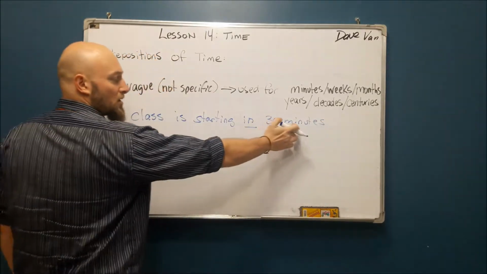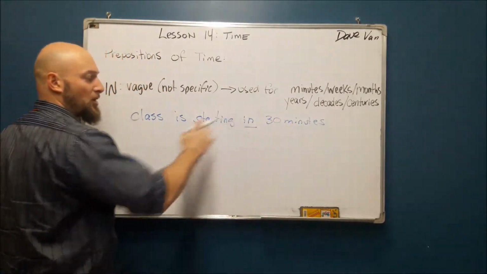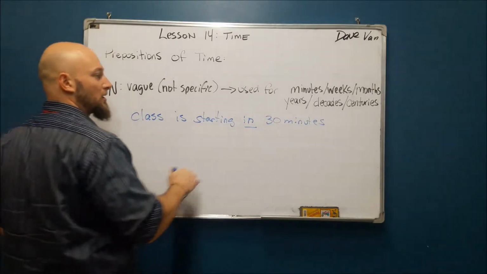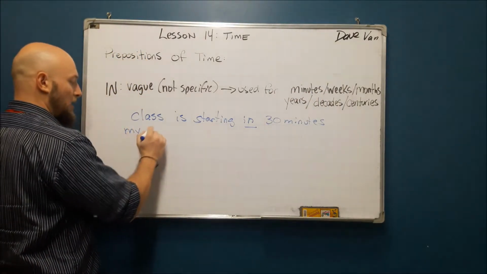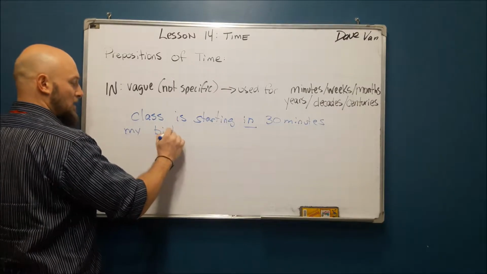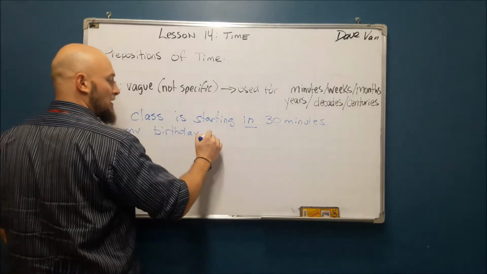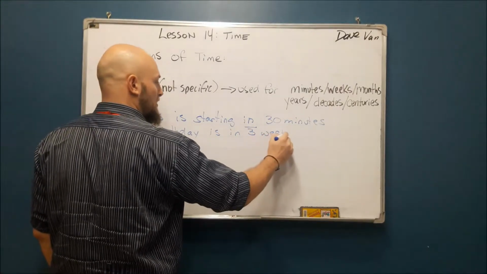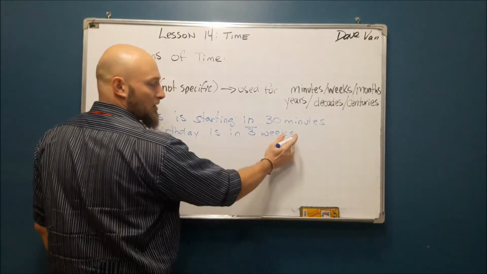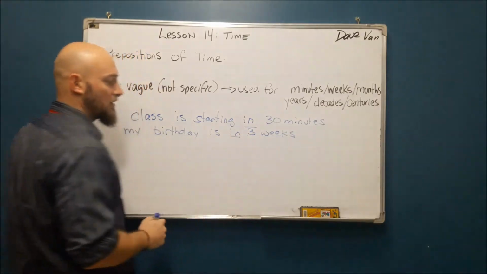Okay, because we're talking about minutes, we're going to use the preposition in. Okay, the next one, weeks. My birthday is in 3 weeks. Because we are using weeks, we have in.